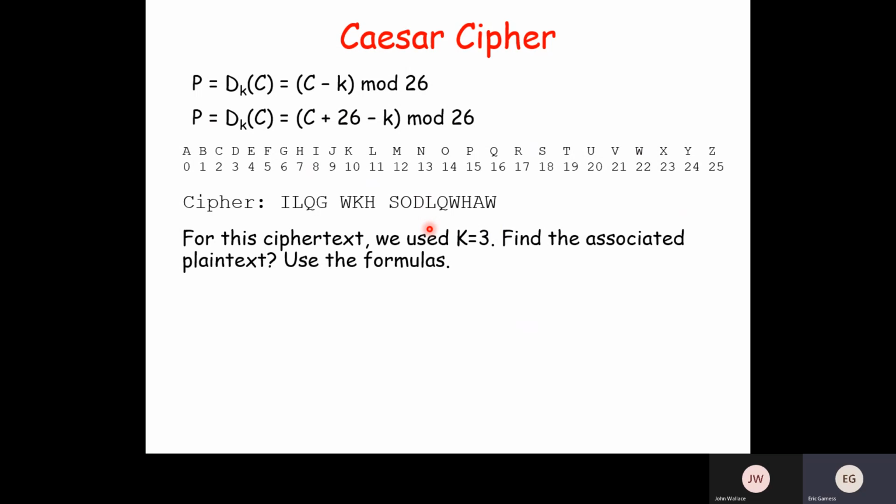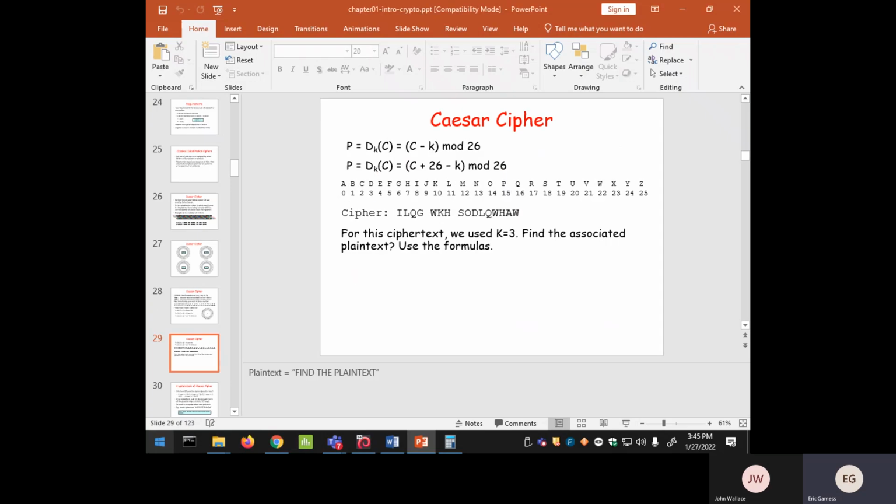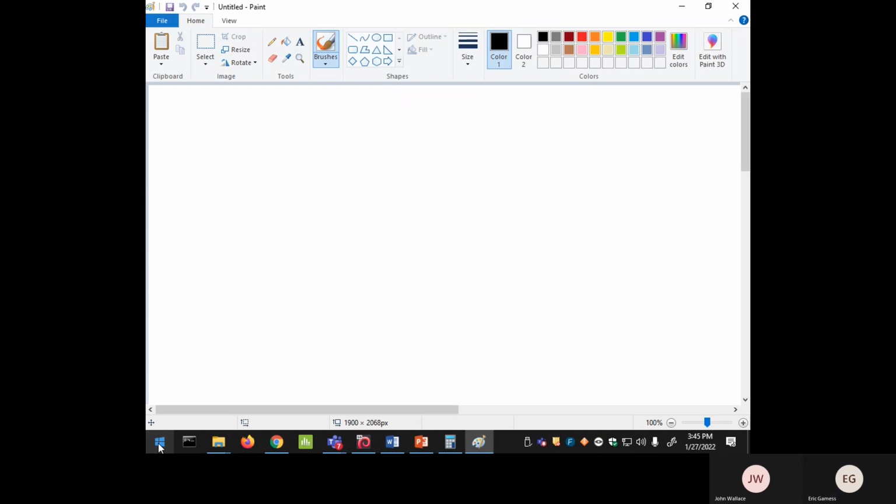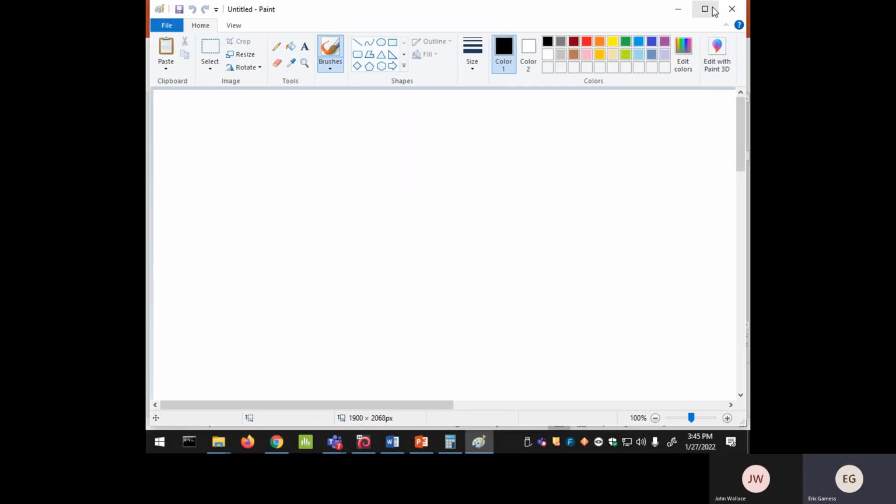So help me with that. What should we do? Let me open Paintbrush or Paint, and we are going to work on it to try to find the clear text.